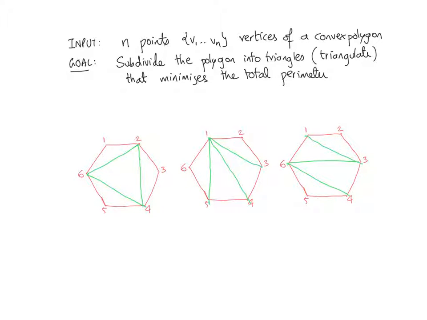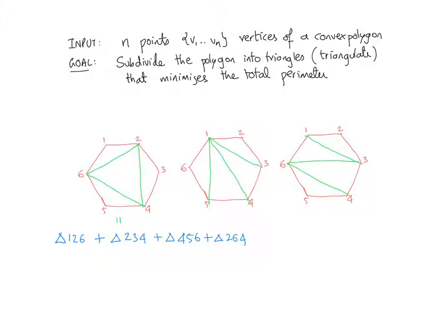So for example, the cost of this triangulation is equal to the perimeter of 4 triangles there, which is triangle 1, 2, 6 plus triangle 2, 3, 4 plus triangle 4, 5, 6 plus triangle 2, 6, 4.